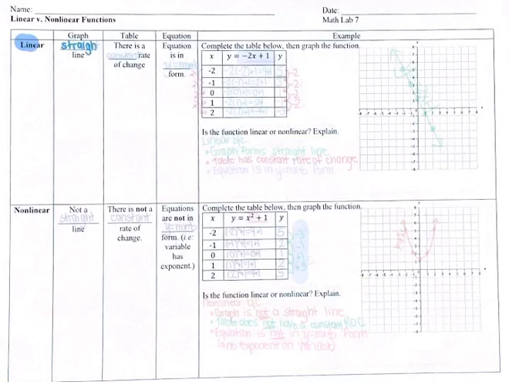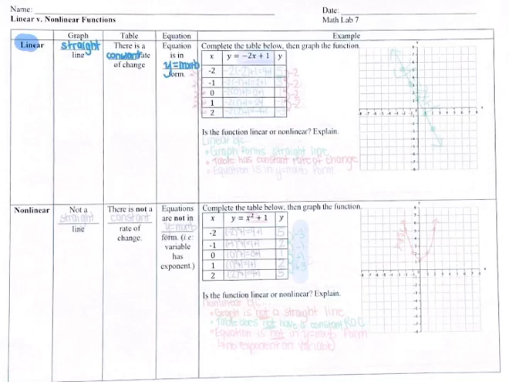When you have a table, it is going to have a constant rate of change. Your equation is going to be in y equals mx plus b form.